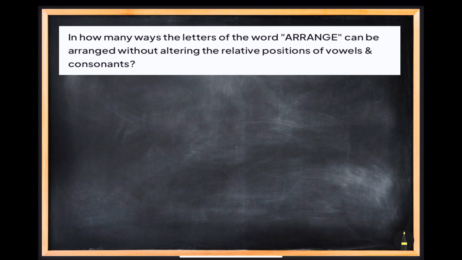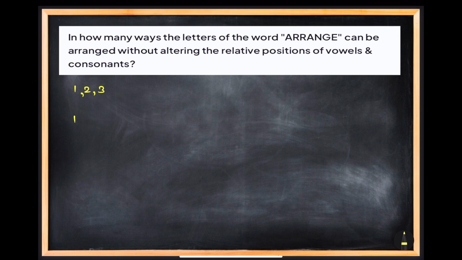Now look at this. I will give you one example. Suppose that there are three numbers 1, 2 and 3. So using these three numbers, how many numbers can we create?